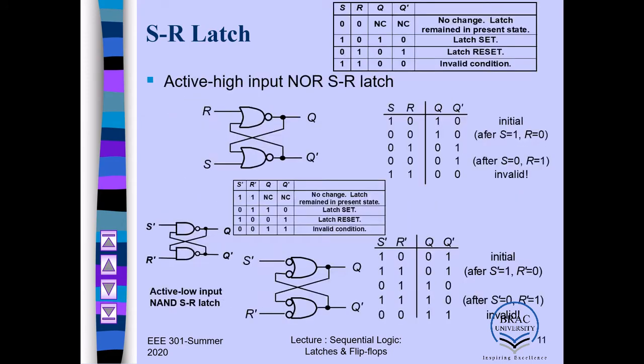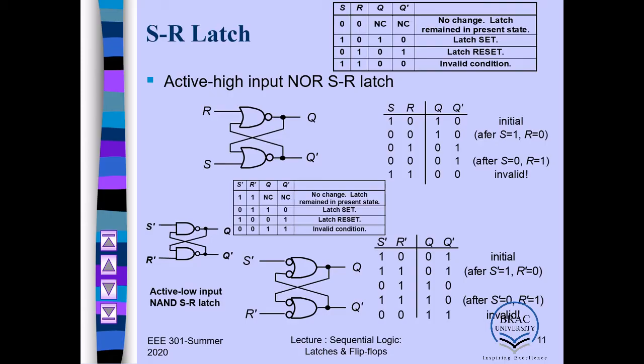So this is our SR latch, which is the active high input NOR SR latch, and this is the active low input NAND SR latch. If you look at the table here, it works based on the characteristic table which I already showed you in the previous slide.